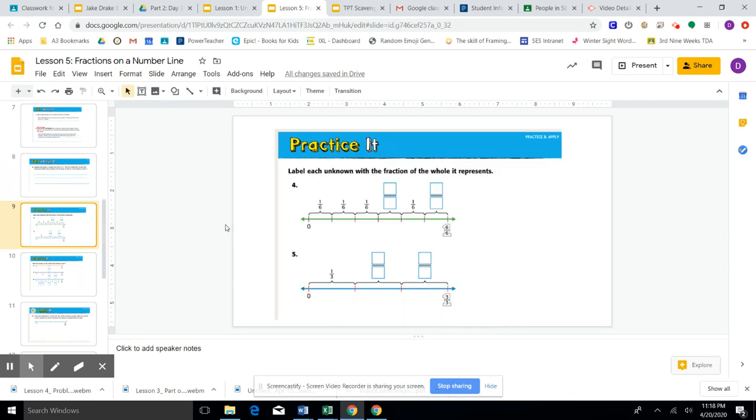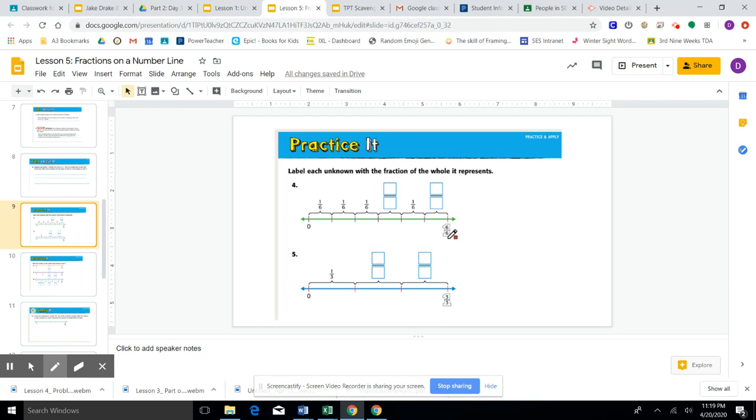Okay, now let's practice. Label each unknown with the fraction of the whole it represents. Okay, so this is 6/6. So I have 1/6, and they labeled it all 1/6, 1/6, 1/6, 1/6. They kind of did that to trick you.